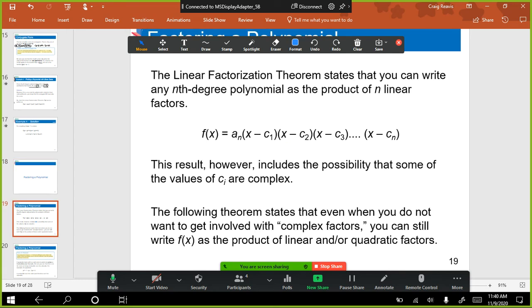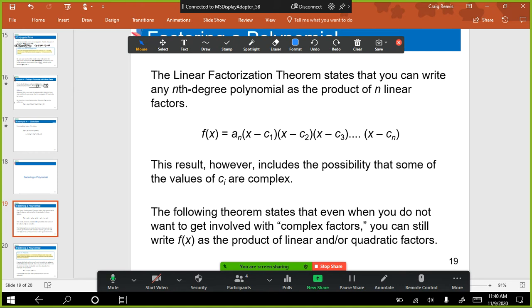The linear factorization theorem states that you can write any nth degree polynomial as a product of n linear factors. So all that's saying is if we've got a fifth degree polynomial, we can write it as 5 factors multiplied together, right?